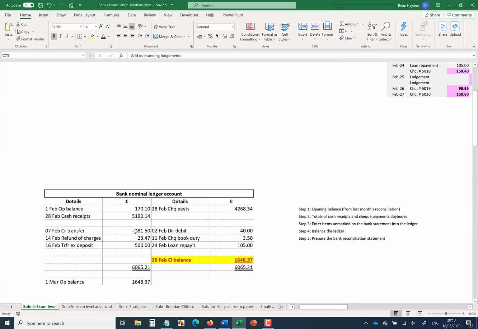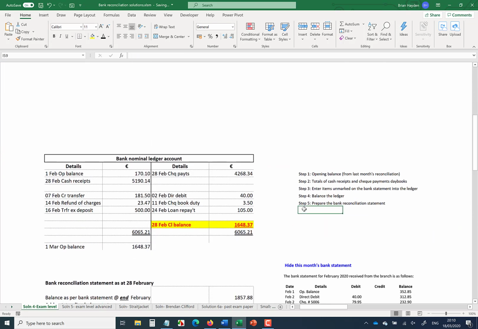So this is step 6: enter unmarked items on the cash receipts book into the reconciliation.